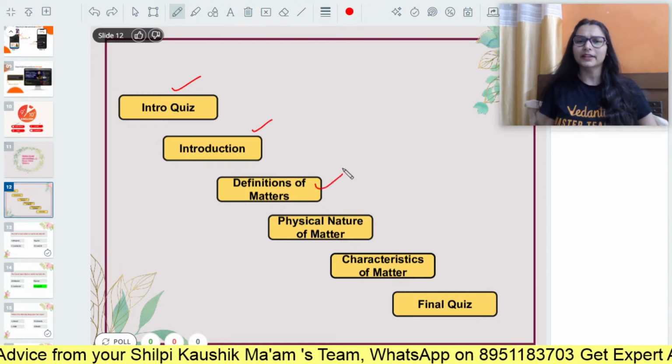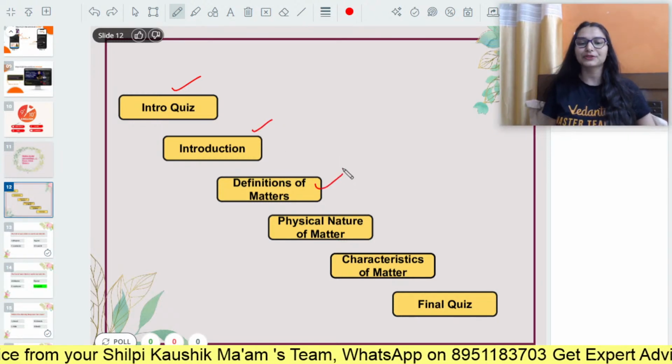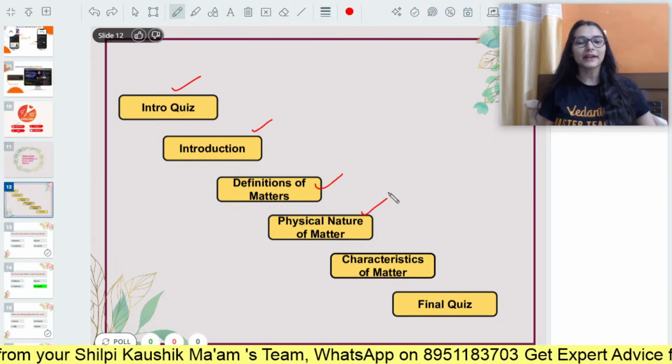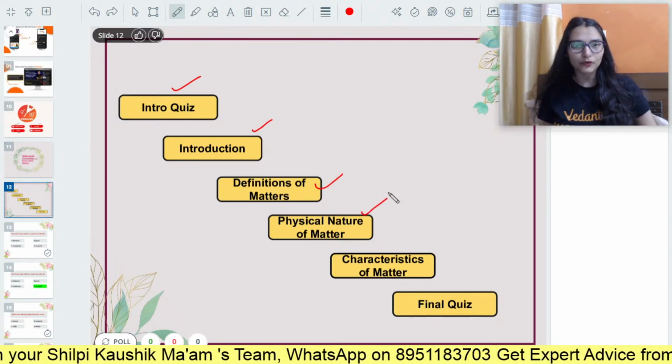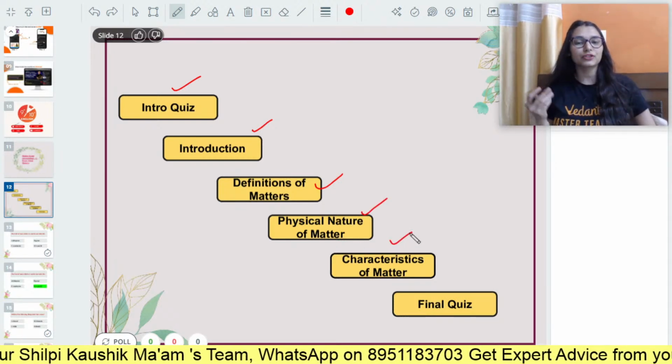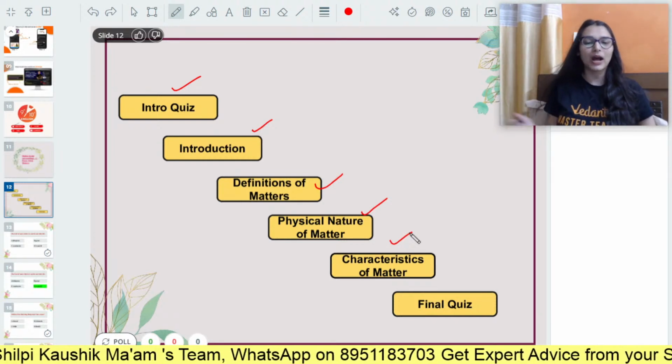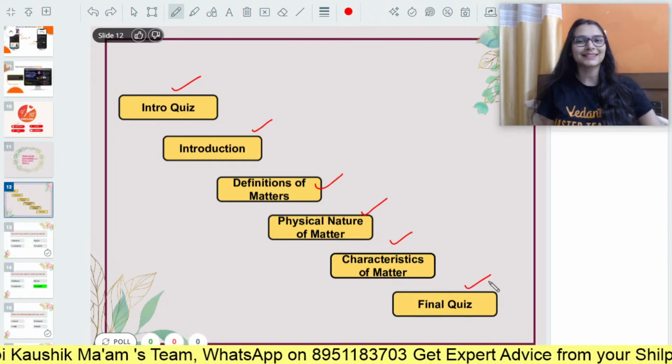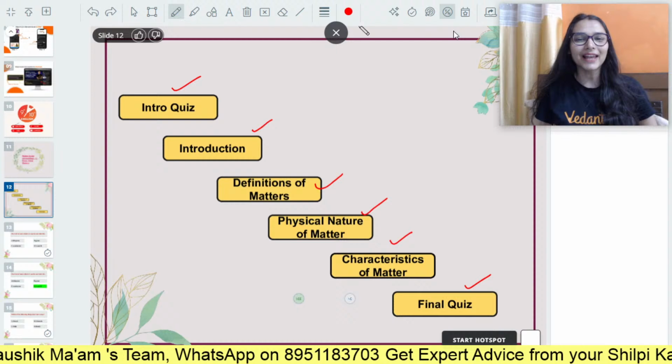Then we will introduce matter, see the different definitions of matter, the physical nature of matter, what matter is made up of, and the characteristics of matter and particles. Then the final test quiz.